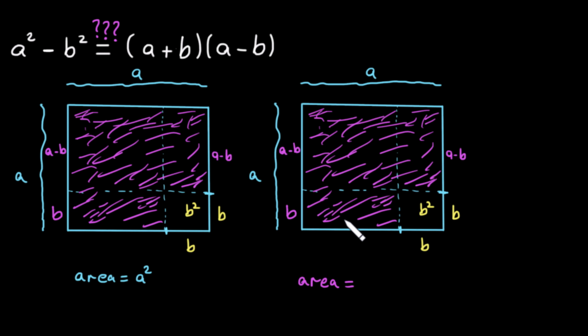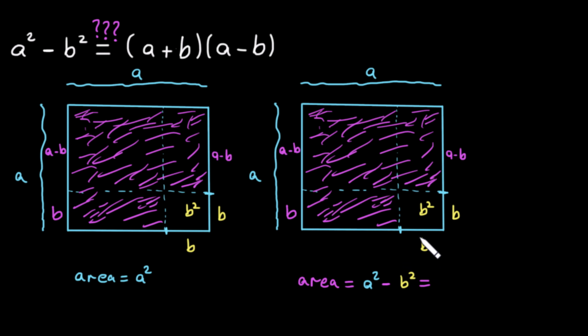The area of the whole thing is a square, minus b square. Now I'm interested in having this answer.